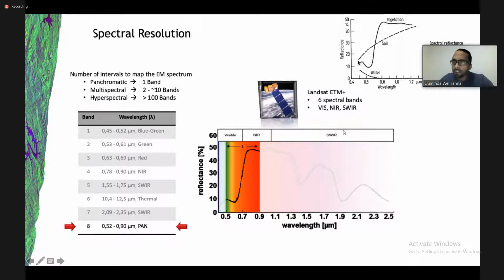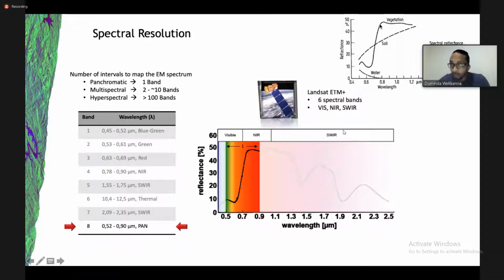For soil, it's like low reflectance in the visible region, but very high reflectance in the near-infrared region. And for water, high reflectance in the visible region, but very, very low reflectance in the near-infrared region. So basically, if you take a near-infrared image, water will be black because there is no energy coming up.